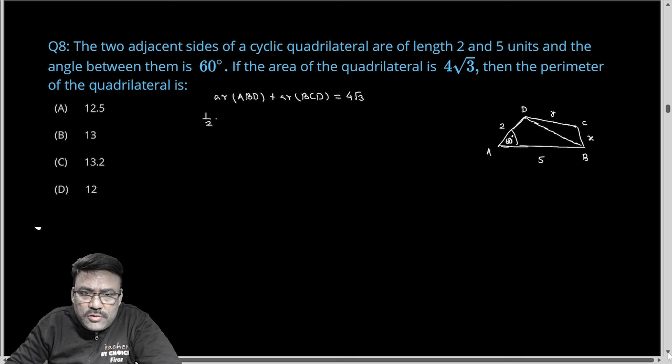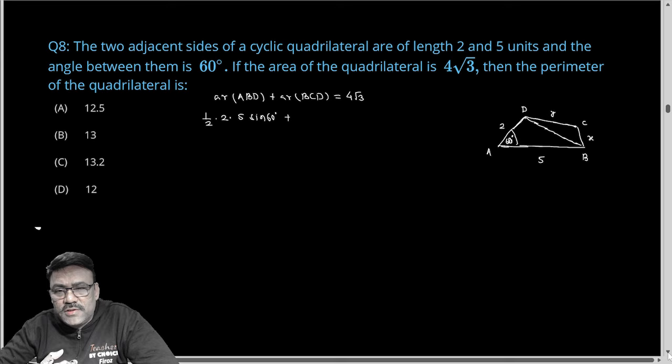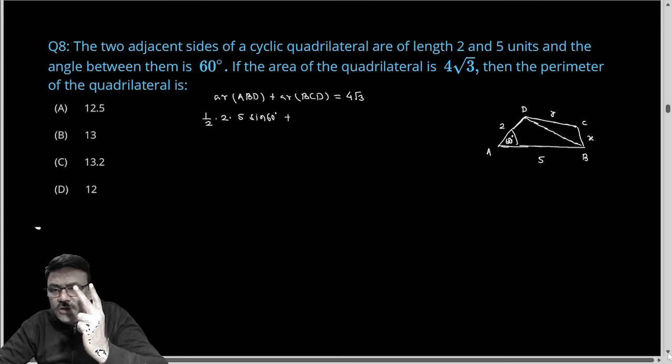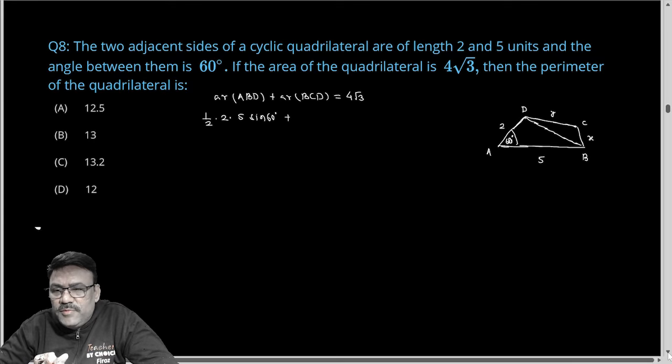Now area of triangle ABD is what? Half into 2 into 5 into sine 60 degrees. Whenever two sides of a triangle are a and b, and the included angle is theta, area is half ab sine theta. So area of this triangle is half into 2 into 5 into sine 60 degrees.